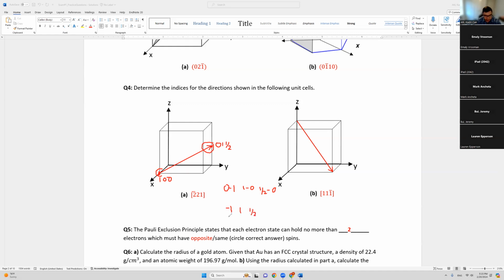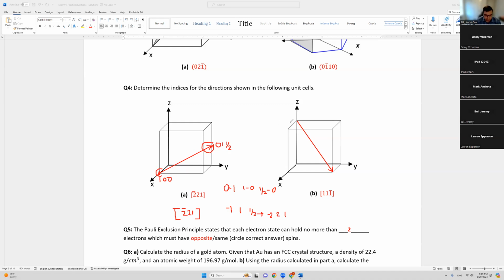As a rule, I have to reduce this to the smallest integers, not round, but multiply by an integer to make these all integers, the indices. So I'm going to multiply these indices by 2. I will end up with -2, 2, and 1. So the way we write this is in square brackets because it's a direction, [2̄ 2 1].